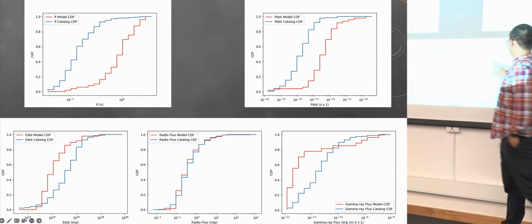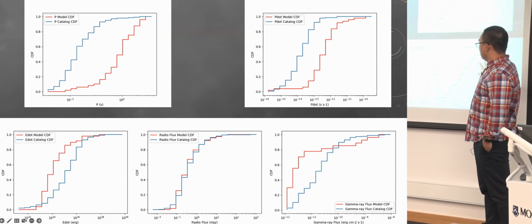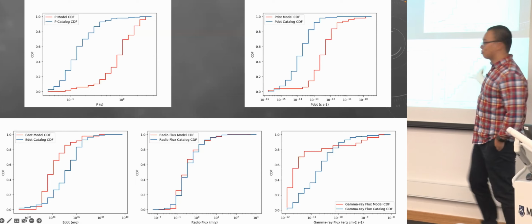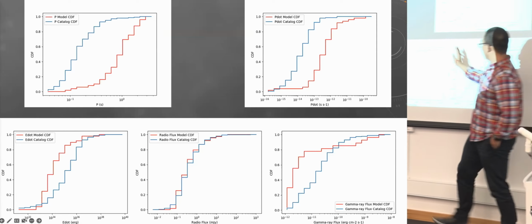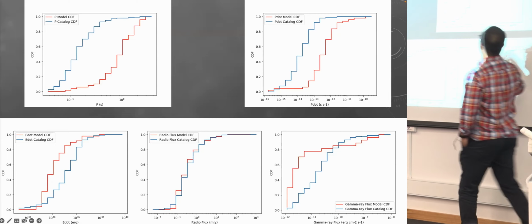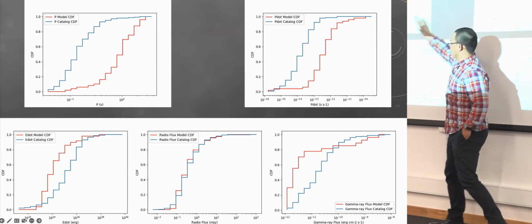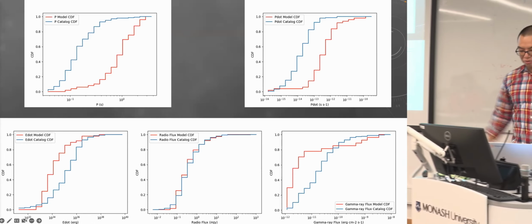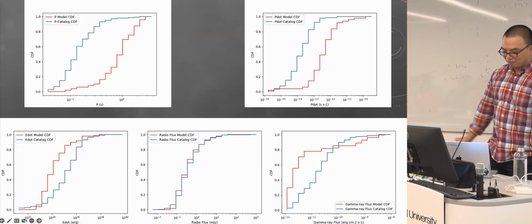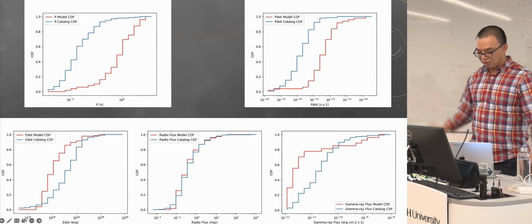This is the radio flux and the gamma ray flux. Right now we can only say the radio pulsars are observed similarly to the catalog, and the gamma ray pulsars are not entirely, but again, these are early results, and we're still trying to refine the model. Hopefully in the future it will get much better with the fitting.